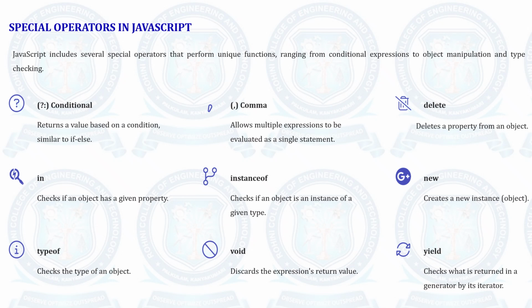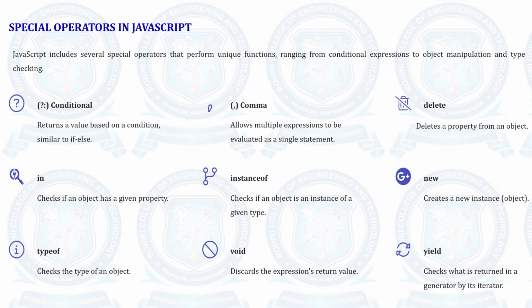Special operators. JavaScript includes several special operators that perform unique functions, ranging from conditional expressions to object manipulation and type checking. Conditional: returns a value based on a condition, similar to if-else. Comma: allows multiple expressions to be evaluated as a single statement. Delete: deletes a property from an object.